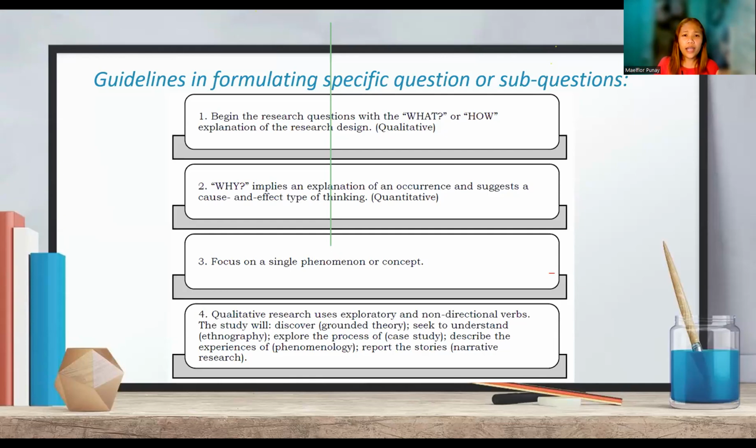After you have posed your questions, focus on a single phenomenon or concept. Then qualitative research uses exploratory and non-directional verbs. So the study will discover if it's grounded theory, seek to understand if it's ethnography, explore the process if it's case study, describe the experiences if it's phenomenology, and report the stories if it's narrative research.